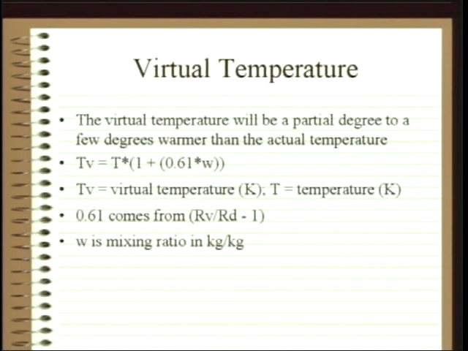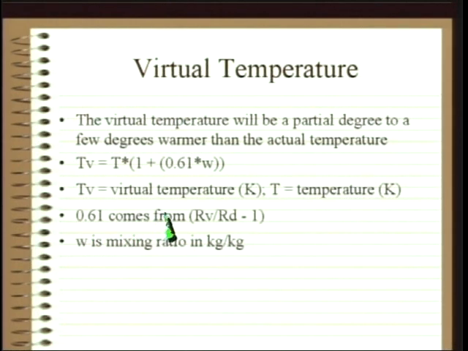And given here next is the equation for virtual temperature. So the virtual temperature is equal to the temperature multiplied by these terms here, which are 1 plus 0.61 times the mixing ratio. So TV is our virtual temperature in units of Kelvin.